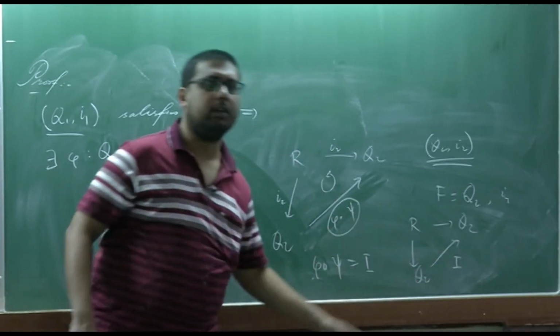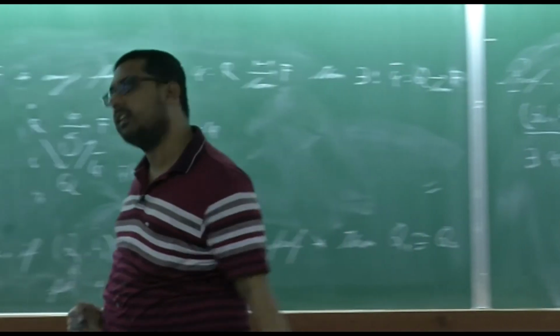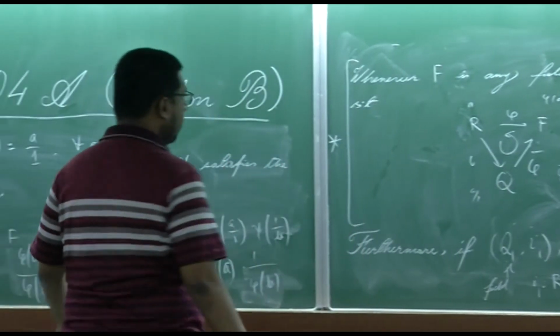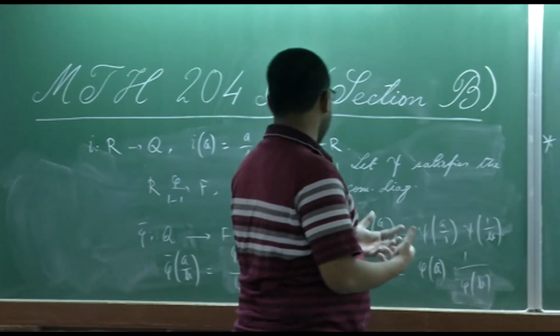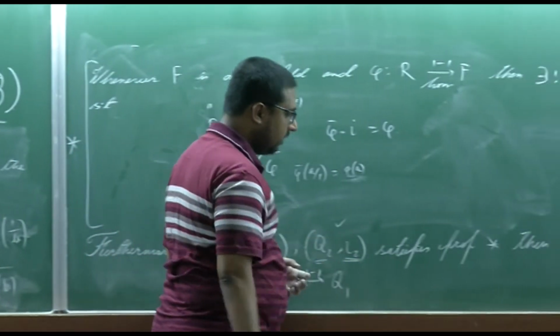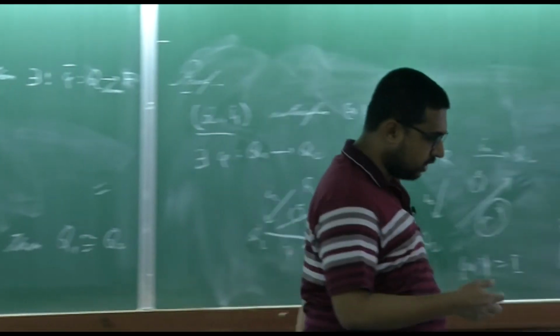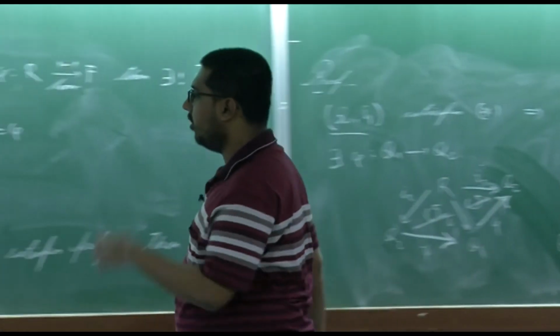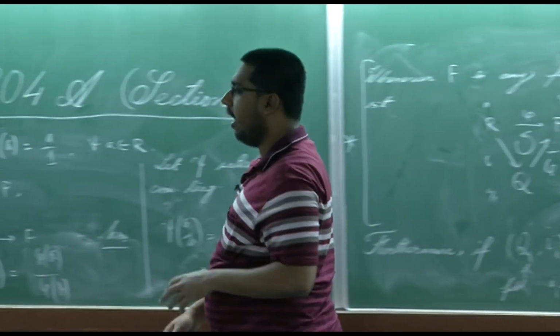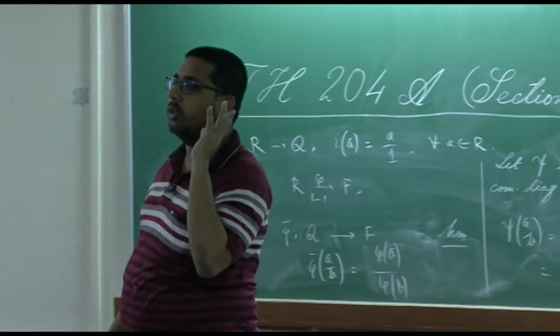So, this has to be equal to identity, similarly the other composition. So, this proves that if for a given R we are given two such pairs, then they are going to be isomorphic. So, up to isomorphism for any given R, there is a unique Q.